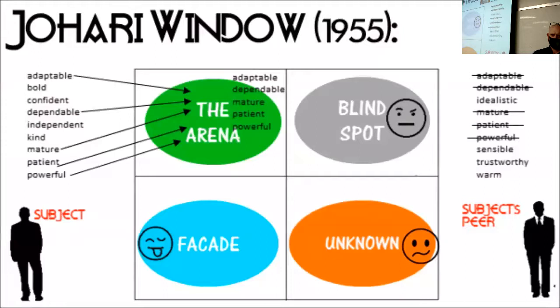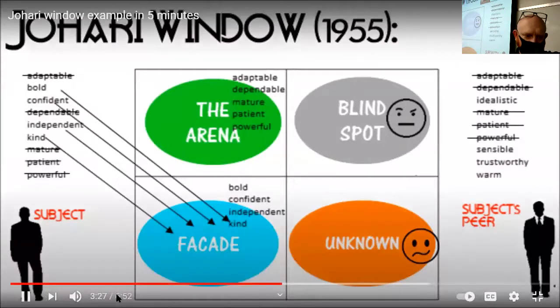Commonalities get put in this quadrant called the arena, and here you can see there's 5 items that are common between the two lists. So the arena is how you see yourself and others see you in common terms. Then the next step is to take all the things the subject identified as being characteristics of themselves, but that their peer didn't think described them very well.